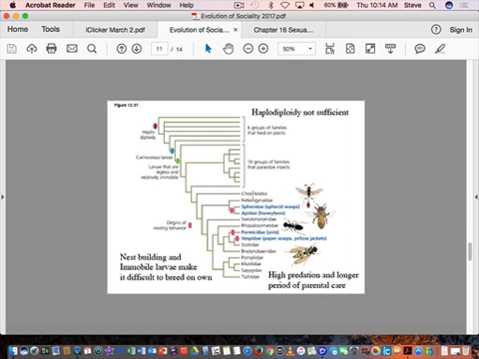let's try to figure out, how did that happen? So here's another phylogeny, and what I've mapped onto here are some key evolutionary things that occurred in the hymenopterans. So what's down here at the base of this tree that all of these organisms have?